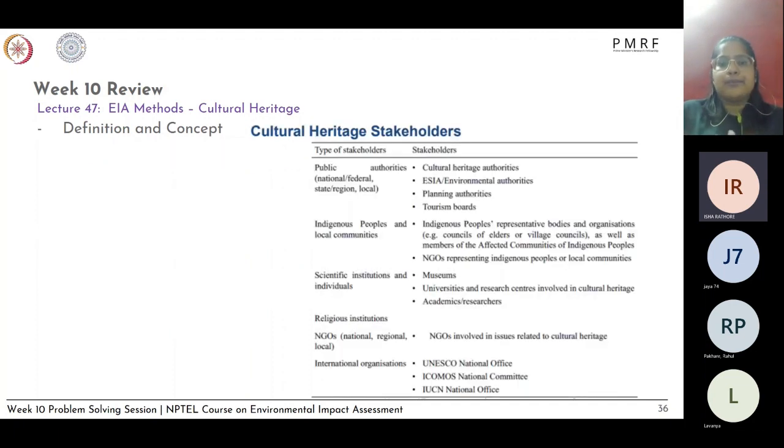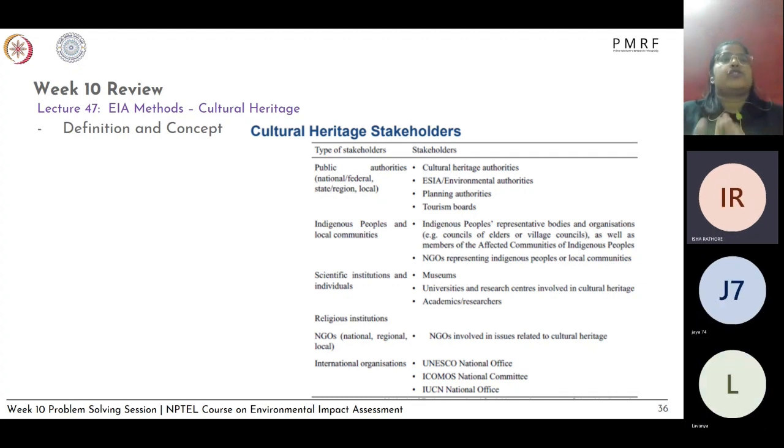And then we also look up at cultural heritage stakeholders. So, stakeholders are people who are going to be affected if any change in cultural heritage is observed. So, types of stakeholders include public authorities, national, federal, state, region, or local. These stakeholders include cultural heritage authorities, environmental authorities, planning authorities, or tourism boards.